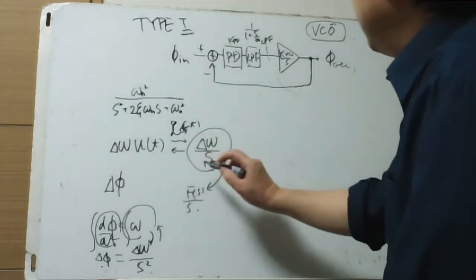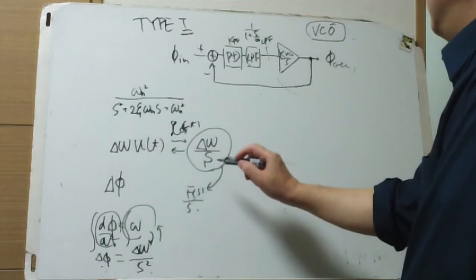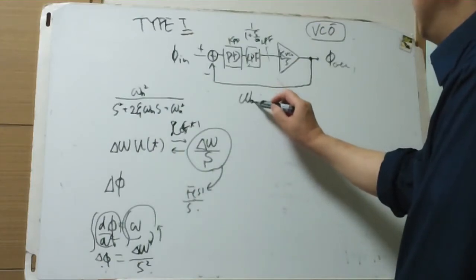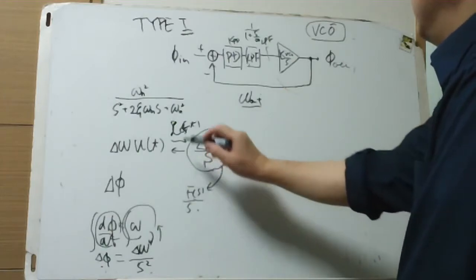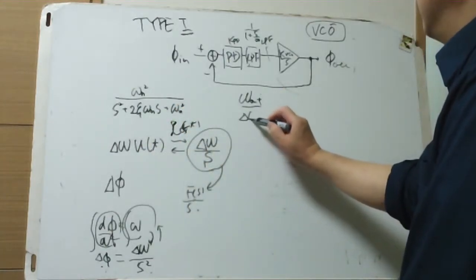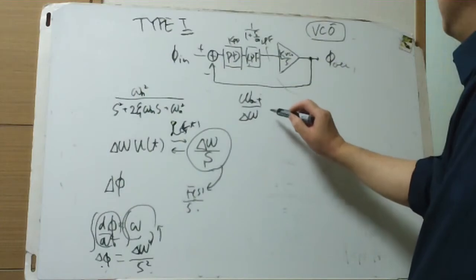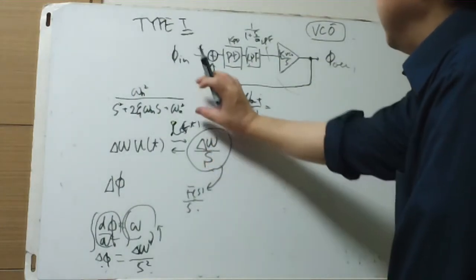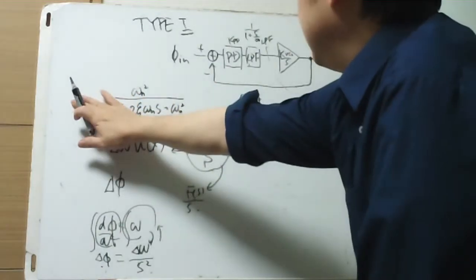And this time we need this step. So omega out to omega in is this unit step, delta omega, times this is omega out.